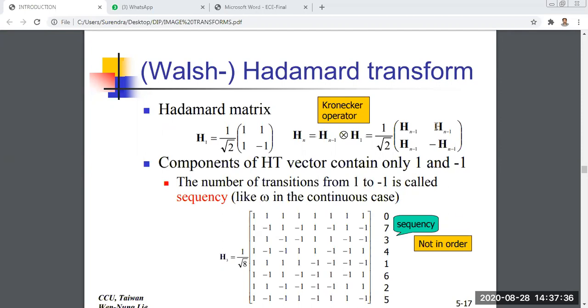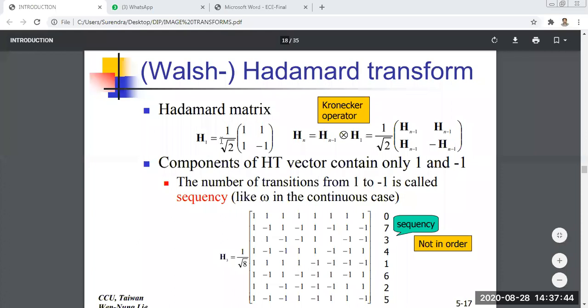First, we have to see the Hadamard transform. In the Hadamard transform, there are some basis images. Basis image means H1 equals 1 by square root of 2 times the matrix 1 1, 1 minus 1. So depending upon your capital N points, you get Hn. How many elements?